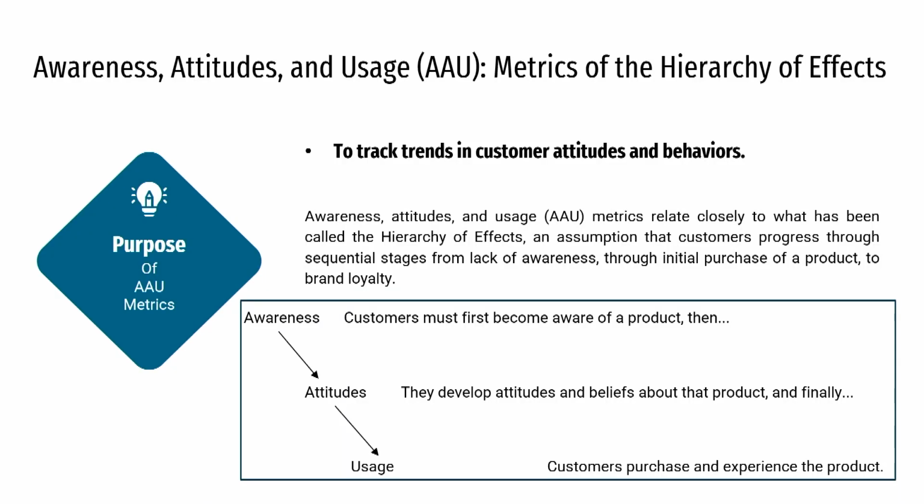The sequence goes like this: awareness, attitude and usage. Customers become aware of a product, they form an attitude about the product or the brand, and then ultimately they purchase the product, they might patronize it, and they become loyal customers if the product performance exceeds their expected satisfaction.